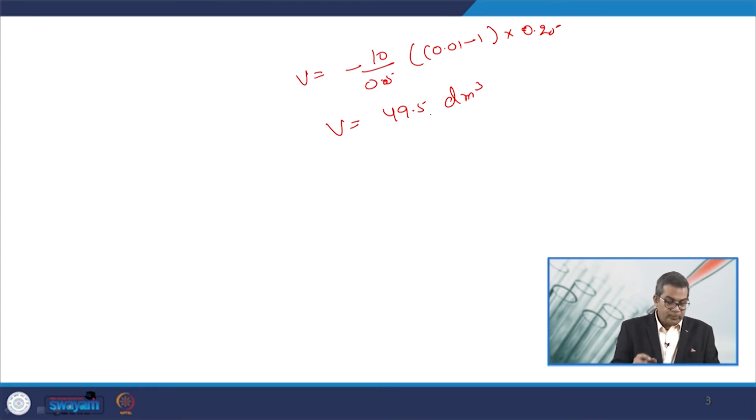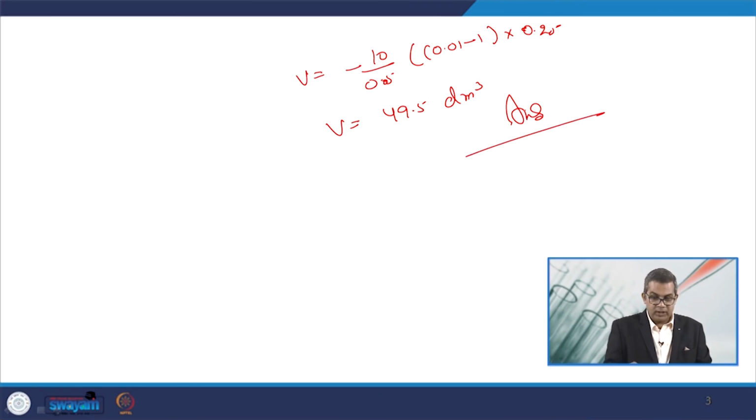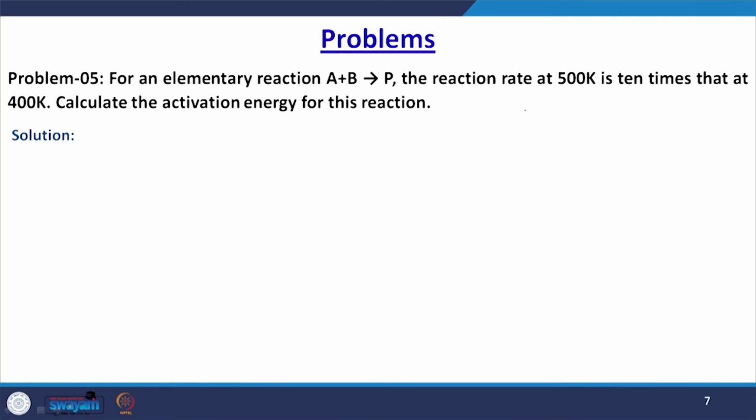So the volume required for CSTR and PFR is the same because the rate constant K is independent of the concentration term. By this way you can evaluate both. Now let us take another problem: for an elementary reaction A plus B equal to P, the reaction rate at 500 Kelvin is 10 times that at 400 Kelvin.